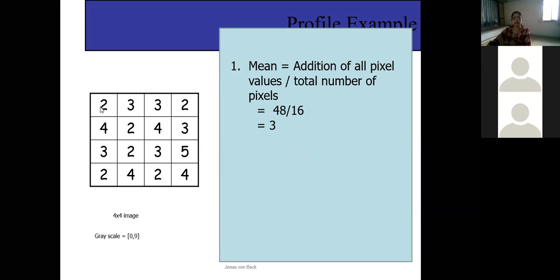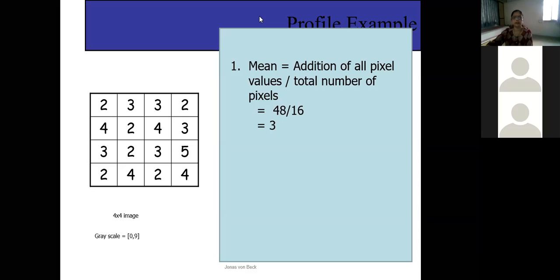Your first pixel is 2, so 2 minus 3, because the mean value is 3, and take the square of that. Similarly, 3 minus 3, take the square of that, add all these squares of differences and divide the total addition by the total number of pixels. That will give you the standard deviation.